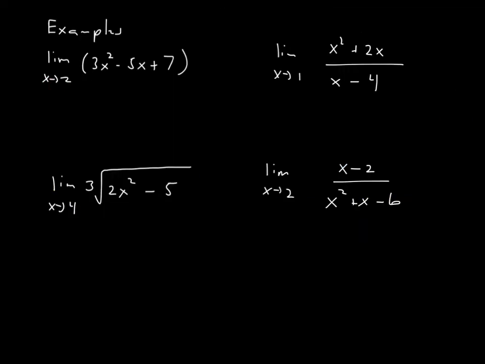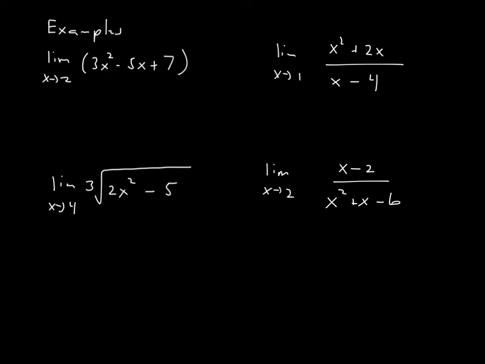The limit as x approaches 2 of 3x squared minus 5x plus 7. Well, using our properties here, I know that the limit as x approaches 2 of x squared would be 2 squared. And I have another property with the scalar multiple, which said that the limit as x approaches c of a constant times a function is just going to be that constant times its limit.